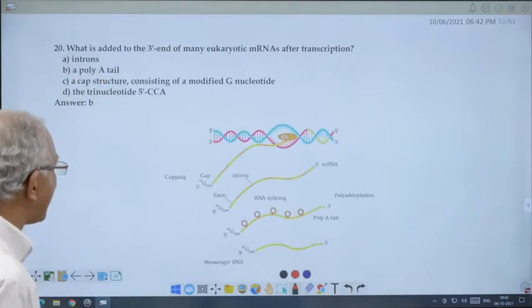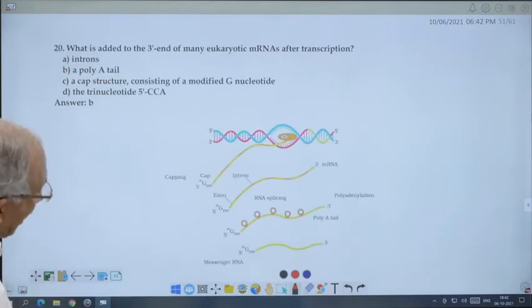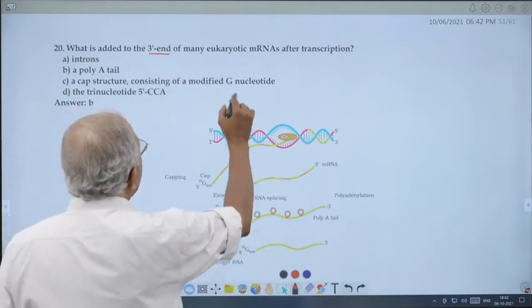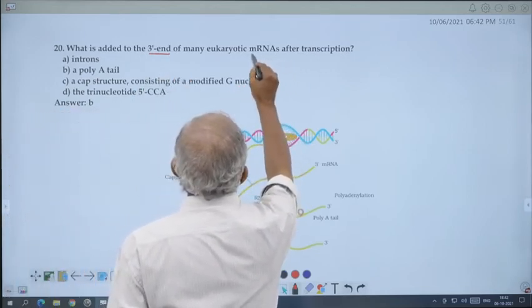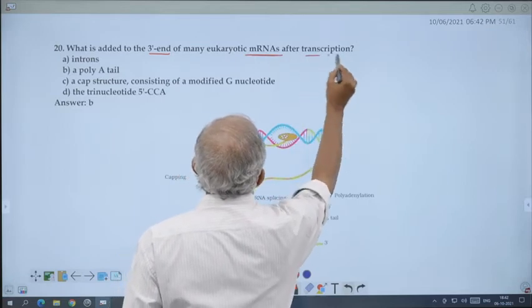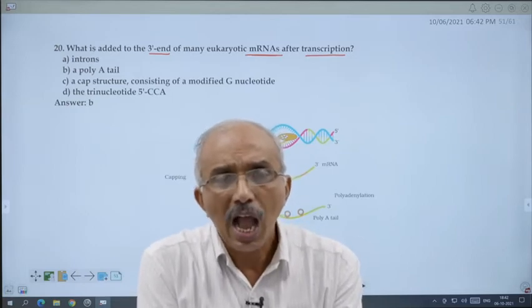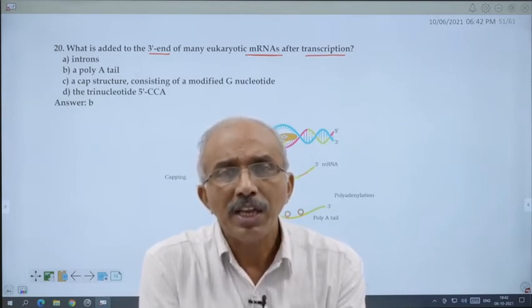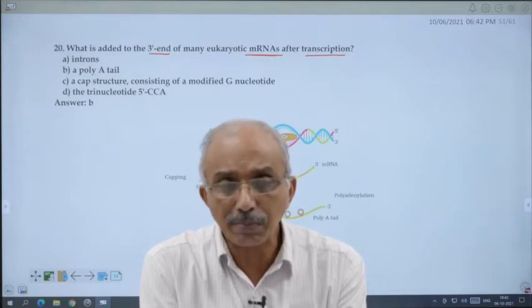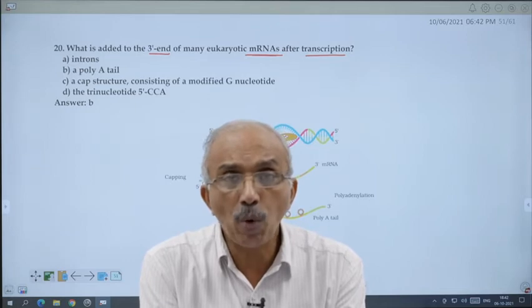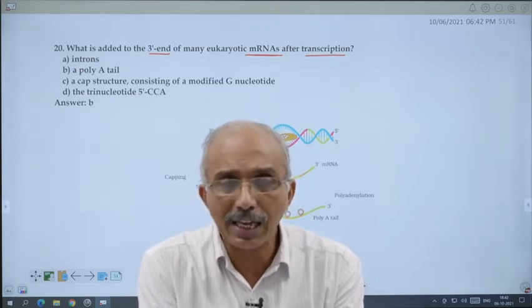Question number 20, with the help of an NCERT diagram, let us have a look. What is added to the 3' end of many eukaryotic RNAs after transcription? In eukaryotes, after transcription, the RNA is subjected to some modification. These are called post-transcriptional events.